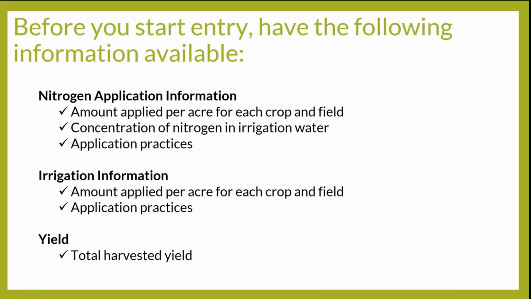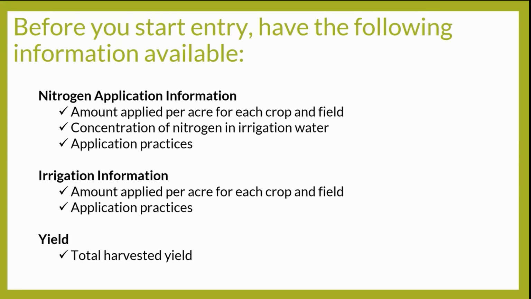Before you start, because it's going to start with your INMP summary report, you'll want to make sure you have your amount of nitrogen applied per acre for each crop and field that you have enrolled in the coalition. You'll want to know the concentration of nitrogen in your irrigation water. That is one of the nitrogen sources. So when you're planning, you should have an idea of what your nitrogen is in your irrigation water.